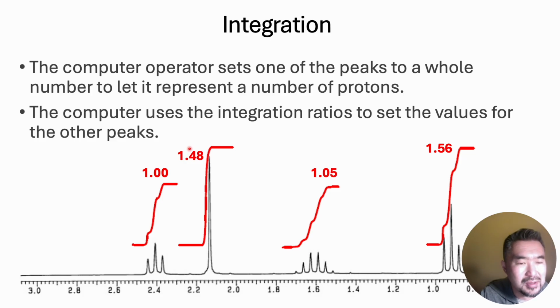Now, it's unfortunate that these are not exact whole numbers, because there can only be a whole number of protons, right? You cannot have 1.5 protons. Does that make sense? But there's always going to be a little bit of measurement error, so for that reason, you're never going to get super clean numbers, unfortunately.